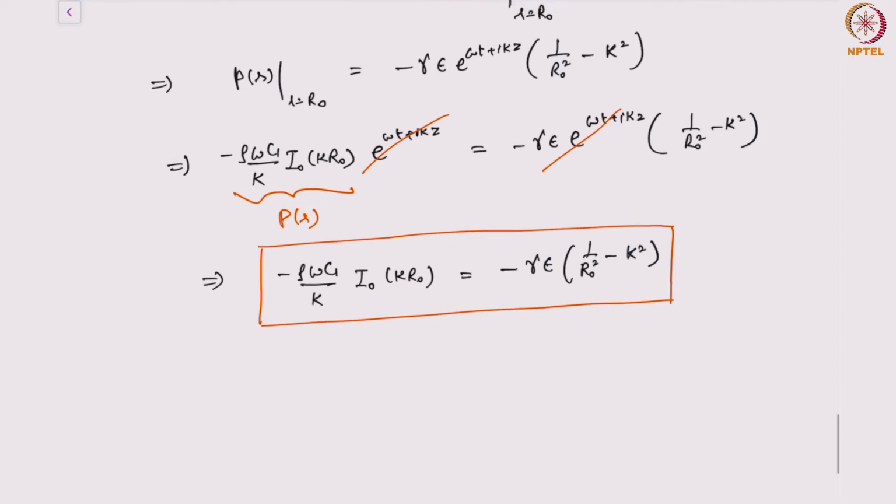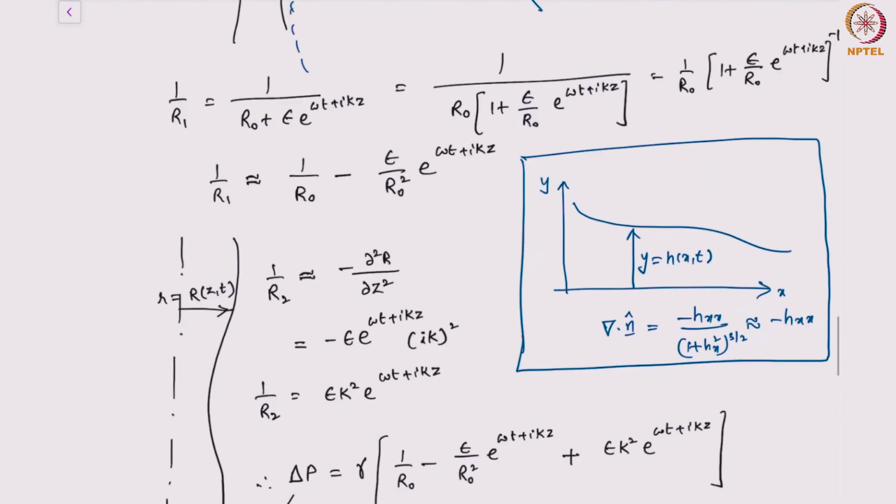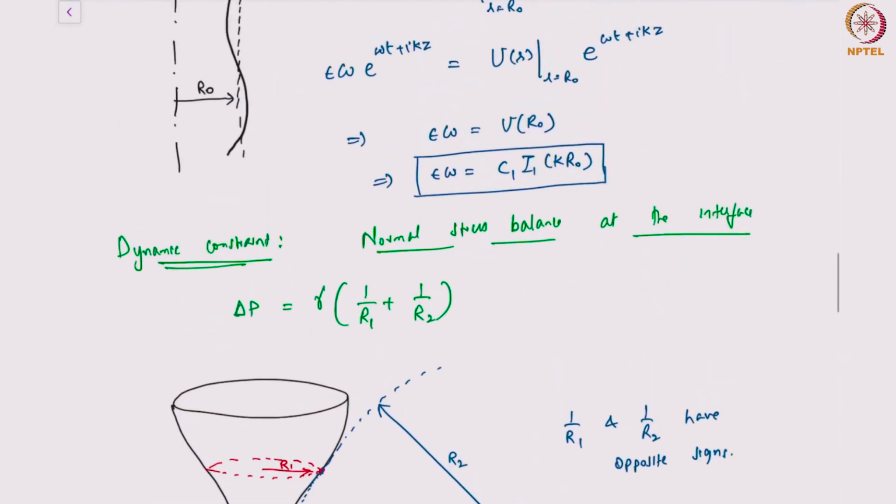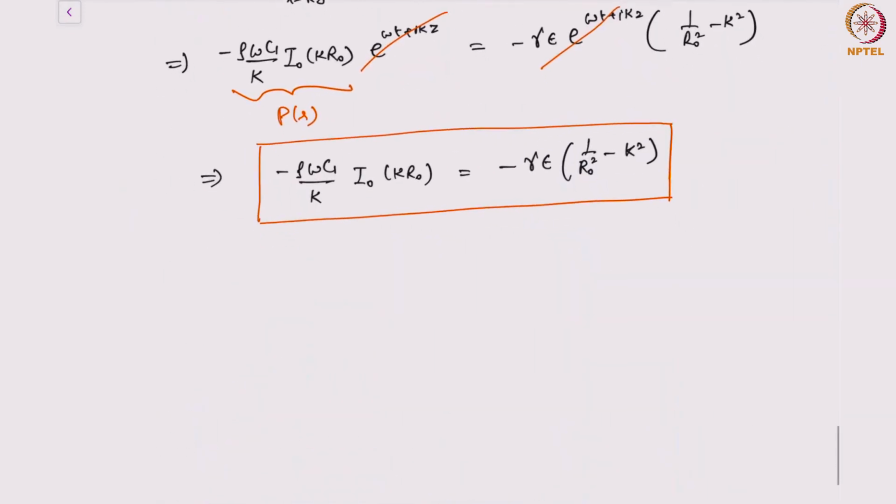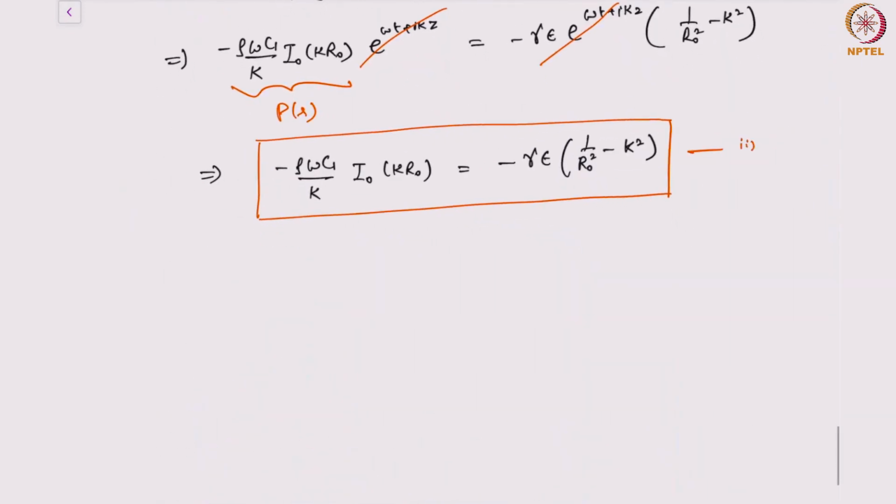We have already determined one important relation, this kinematic condition. We'll call this kinematic condition equation 1. And what does this kinematic condition tell us? It tells us the relationship between epsilon, omega and C1. So I can calculate C1 in terms of omega, and I can substitute this into equation 2.